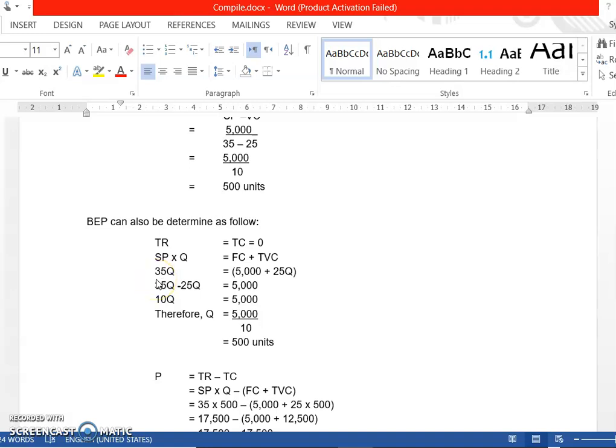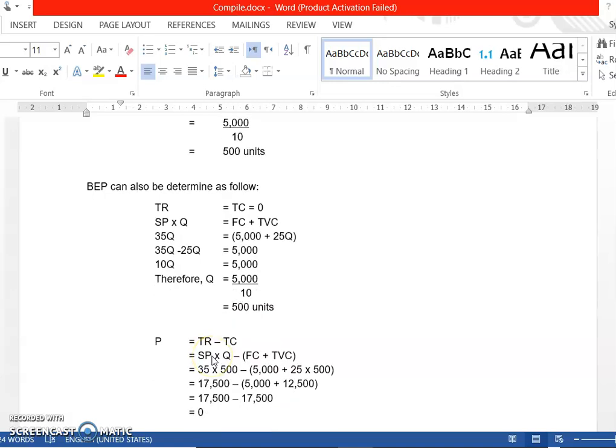So 35 is our selling price, 35Q, equal to the fixed cost plus the variable cost times quantity, and since we don't know the quantity, we use Q. At the end we have 500 units. That proves that total revenue equals total cost, or zero profit, at 500 units.